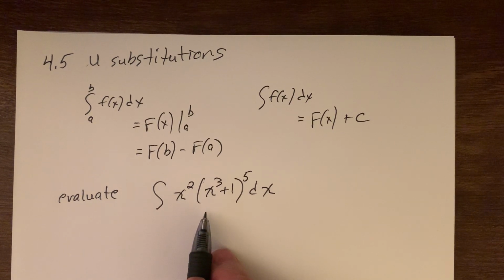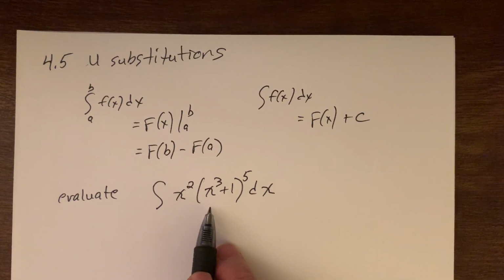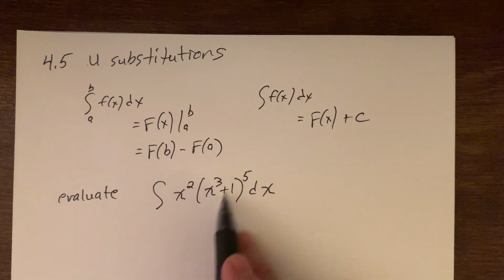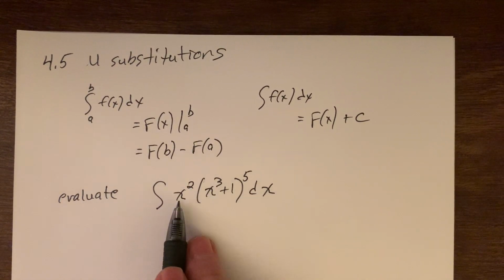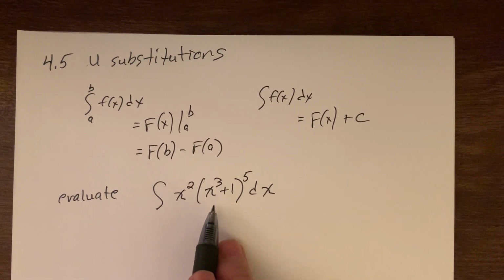With our traditional techniques, we could actually make this one work, but we'd have to multiply everything out. I'd have to start by FOILing this out 5 times and then distribute an x squared. So while we could handle this with our regular techniques, it's impractical.